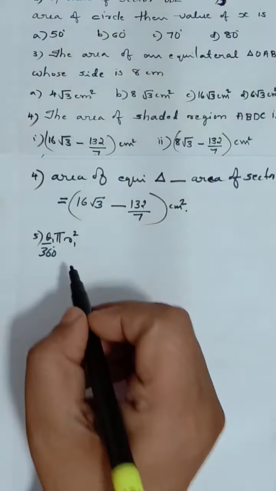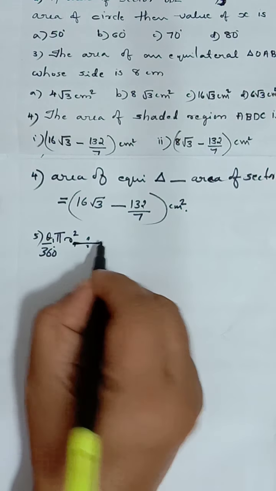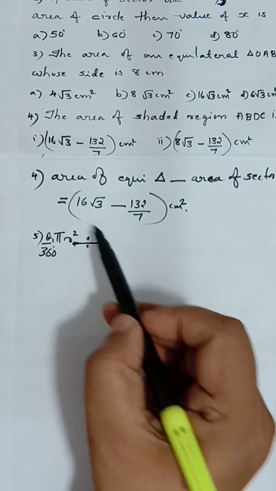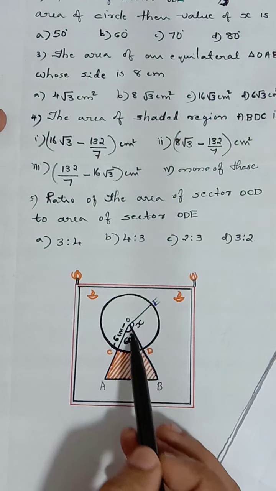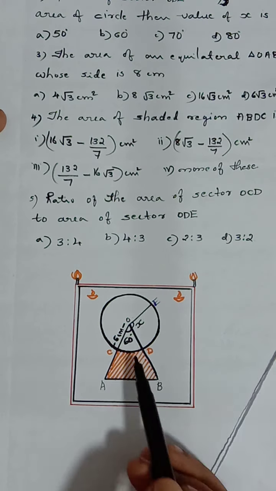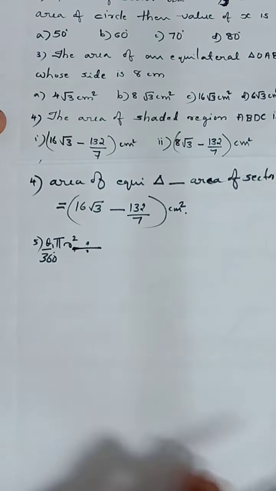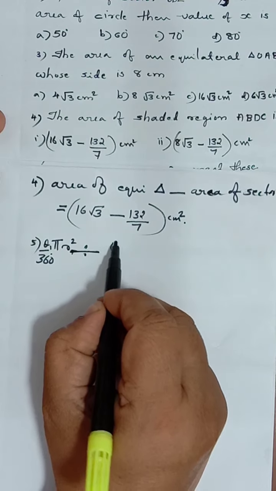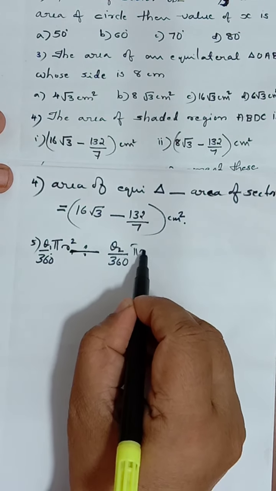Theta 1 pi r square by 360. This is the first area, that is area of OCD. Let us mark it as theta 1, this as theta 2. Divided by theta 2 by 360 into pi r square.